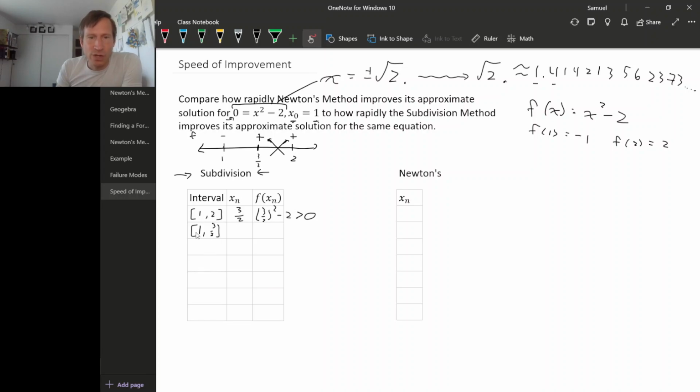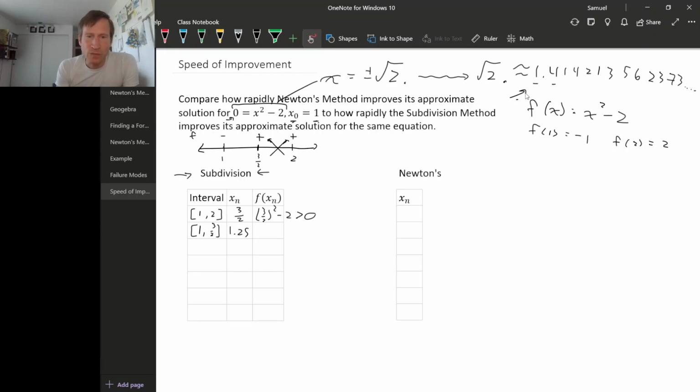All right, so for our next stage, our interval is from 1 to 3 halves, so the midpoint of that is 1 1/4, so 1.25. I'm going to start using decimals now just so that we can more easily compare our results to the decimal approximation for the square root of 2 up here.